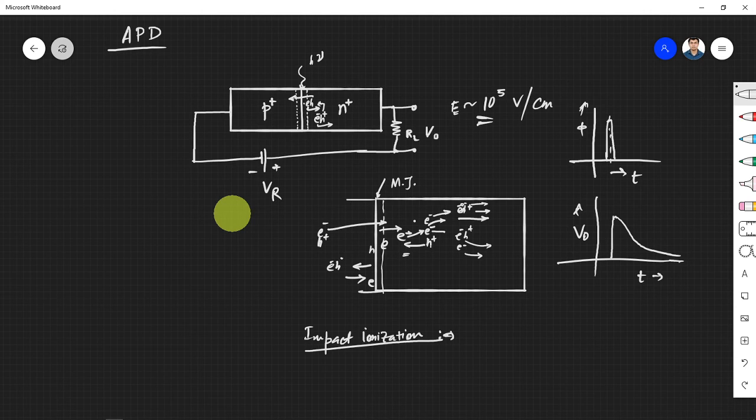So generally we have a pre-amplifier attached very next to the device, and then amplify and take the signal out because of the weak signal. But in APD we have gain inbuilt in the device, so we don't need to attach a pre-amplifier because of the high gain.